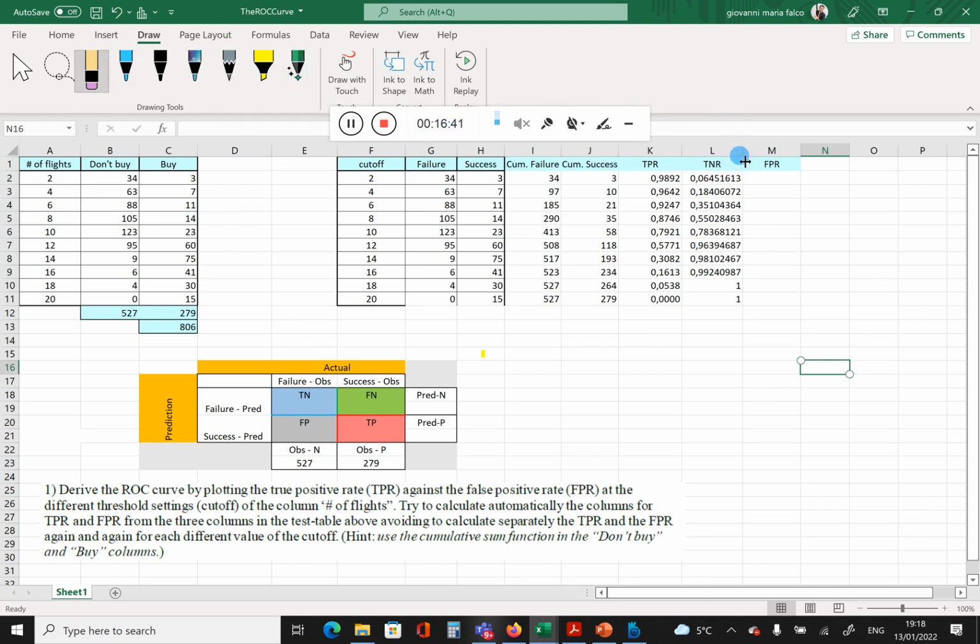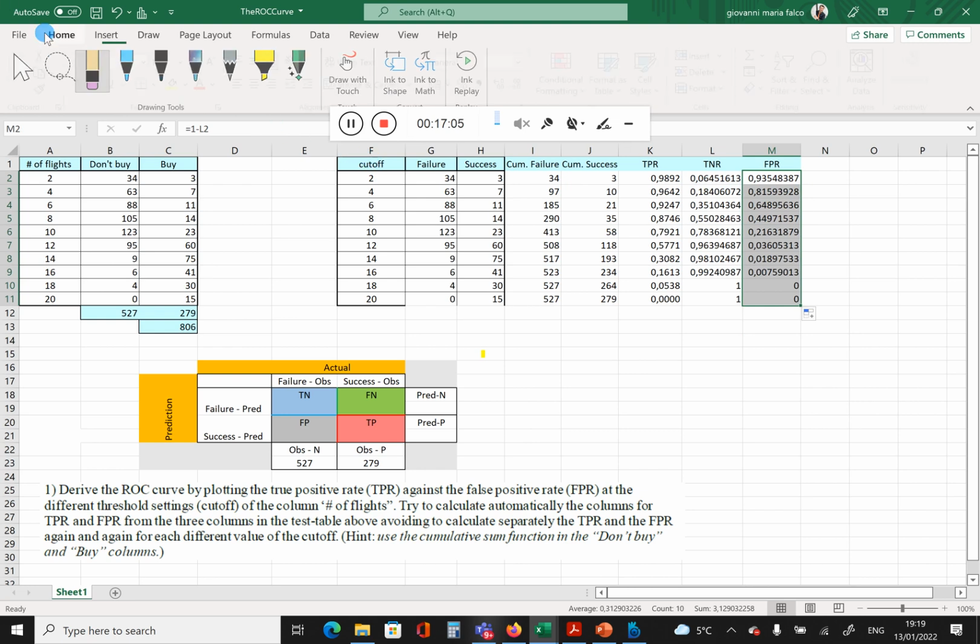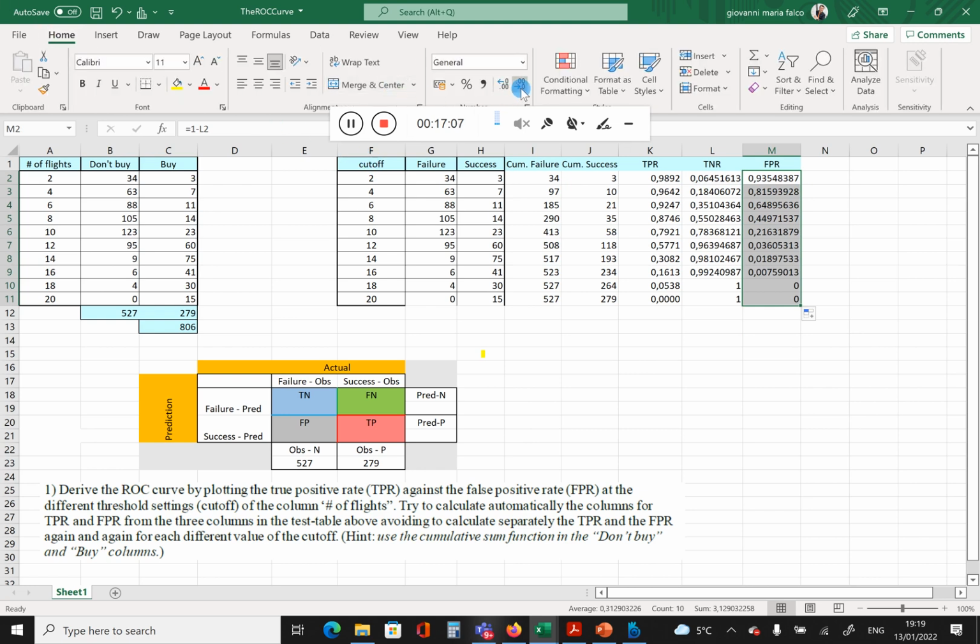Now, we know that by definition, the false positive rate is equal to 1 minus the true negative rate, because it's when you work on this column. So I take 1 minus this value and move it downwards too. It is better to have fewer decimals, so 4 are enough, here as well.